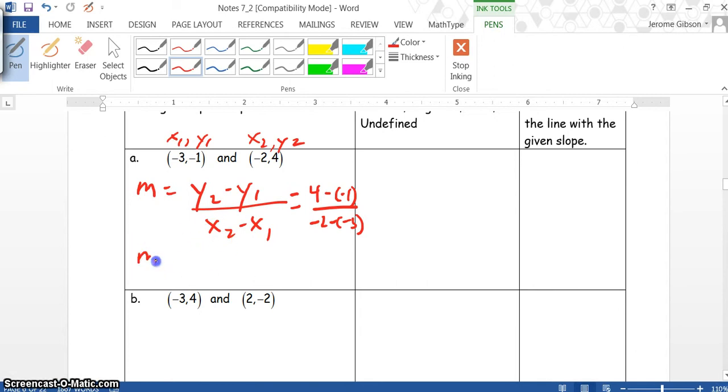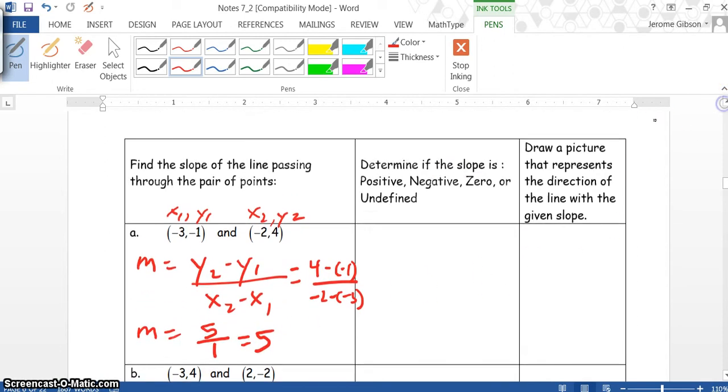Now 4 minus a negative 1, we know these two minus signs will become a plus, so that will give us 5. Negative 2 minus a negative 3, we know these two minuses will become a plus, so negative 2 plus 3 we know is positive 1. So our slope here is positive 5.